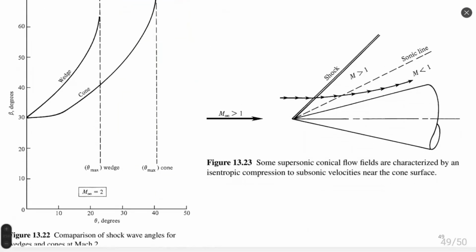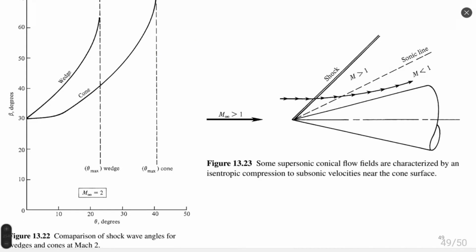Here, this picture is also showing us a comparison between wedge and cone. A wedge is a two-dimensional structure which we calculate in work 1, and a cone is a three-dimensional structure which you can see in figure 23. We see that for a wedge, the maximum theta angle is smaller than for a cone, for the same Mach number, Mach 2 in this case.